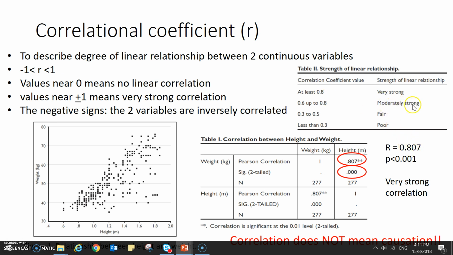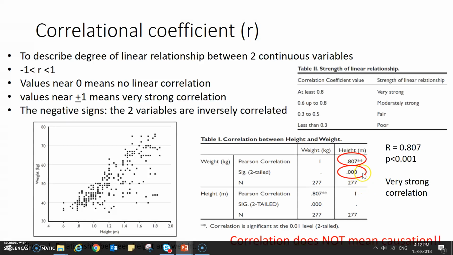Moderately strong relationship will have an R value of between 0.6 to 0.8, whereas fair linear relationship will have an R value of between 0.3 to 0.5. Anything less than 0.3 would indicate a weak or poor linear relationship. In this case, the relationship is strong.